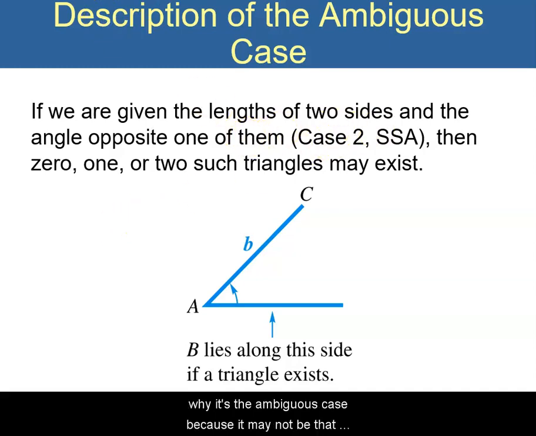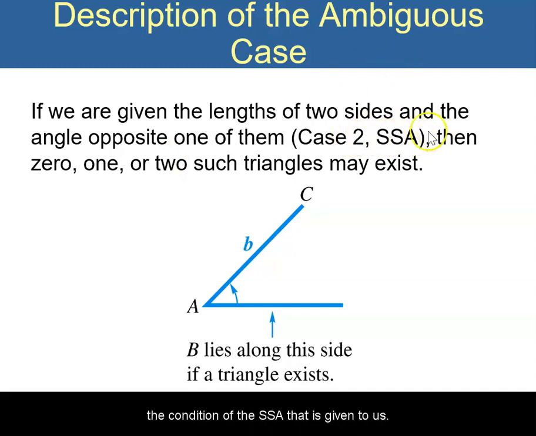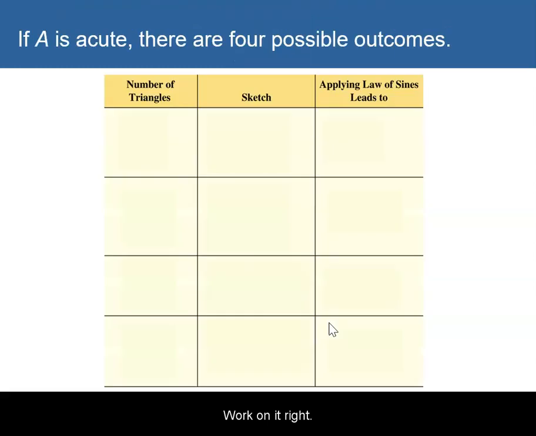Okay, so that's why it's the ambiguous case, because it may not be that there's only one triangle for us to use the law of sines on, but there may be none, only one, or even two possibilities for the kinds of triangles that we can construct that satisfy the SSA condition that is given to us.